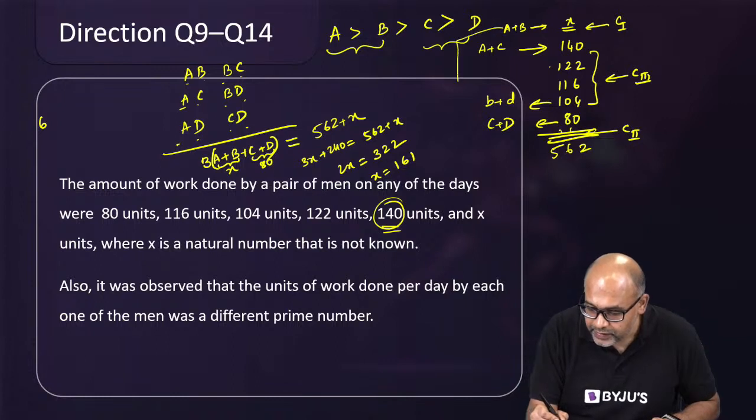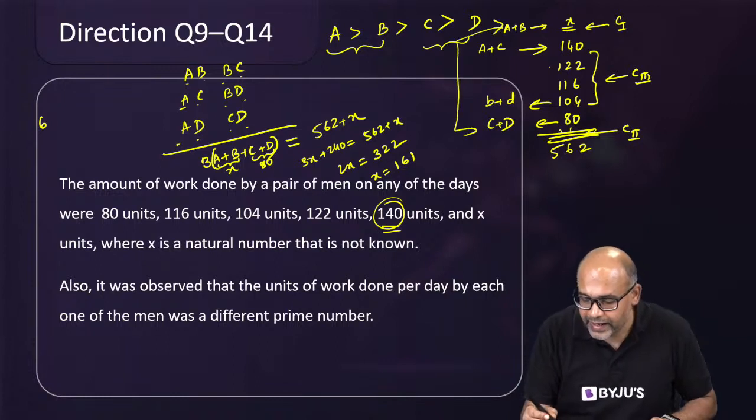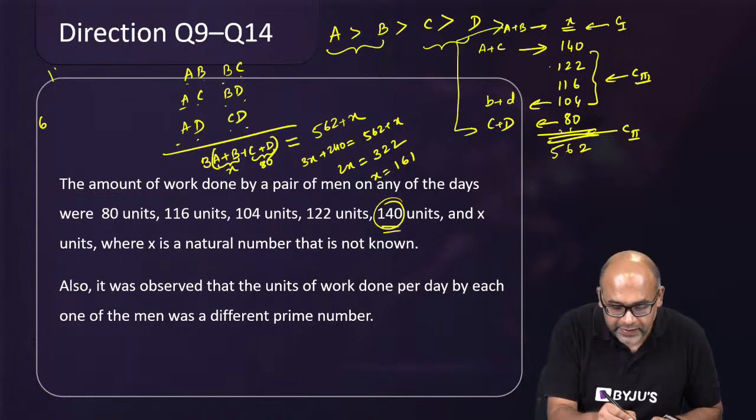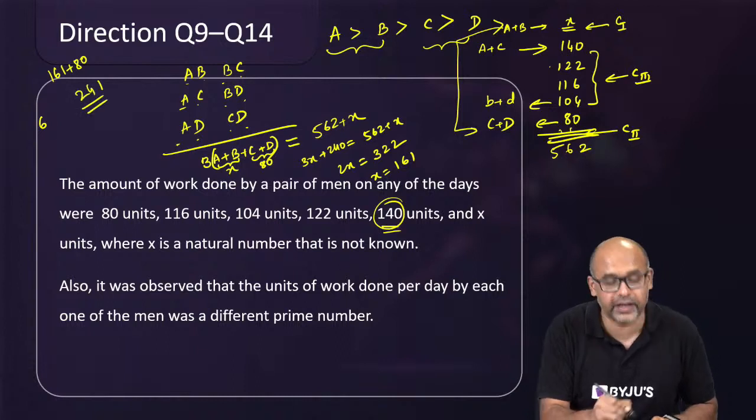Now look at this. These 2, when you add AB plus CD, you will get 161 plus 80, which is 241, correct?